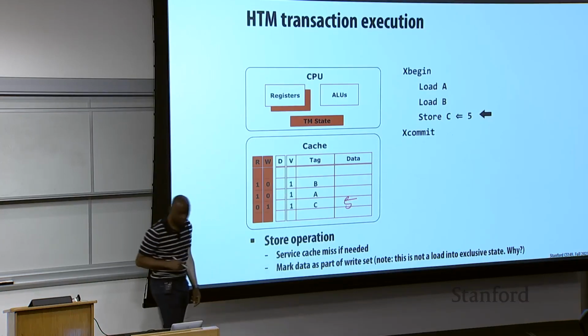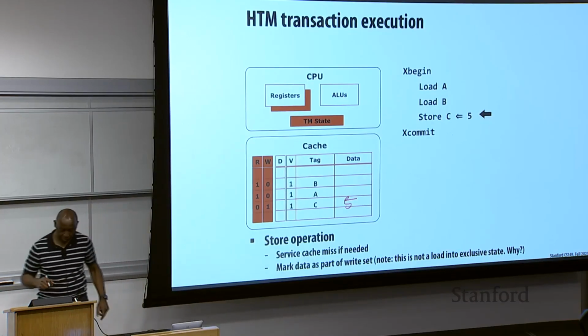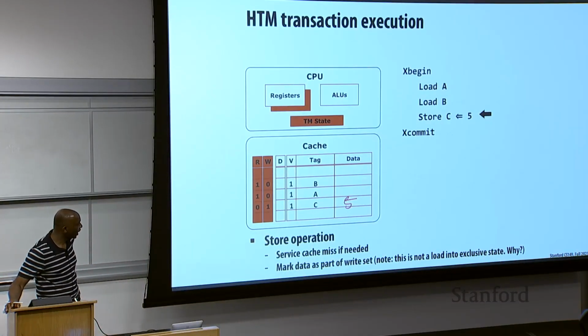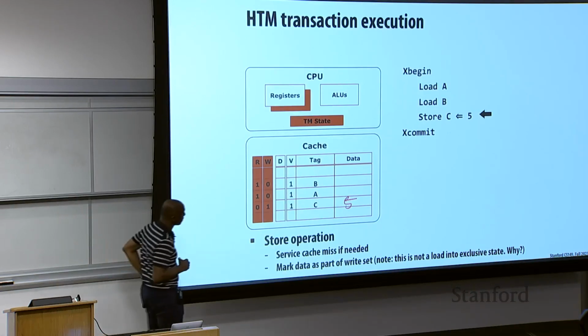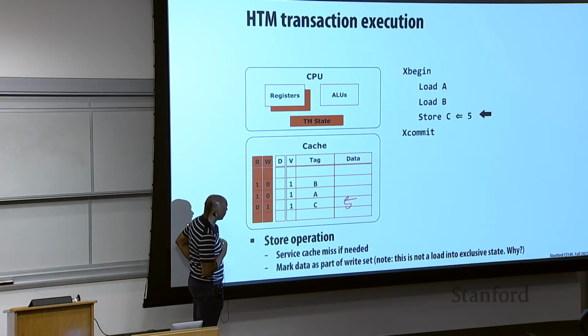So now we get to the commit point, and let's assume that there have been no other conflicts. What should we do?